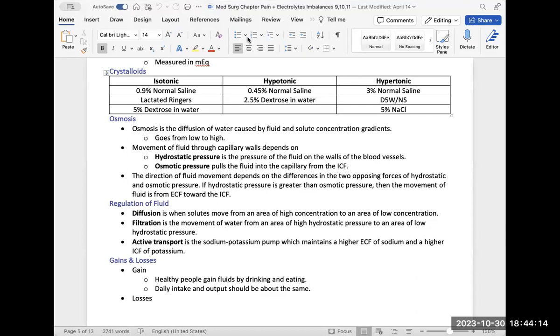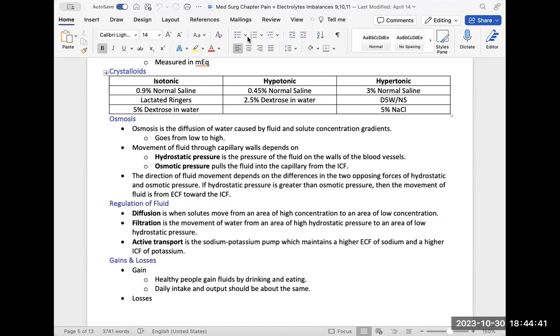Hypotonic is given in a situation when someone has hypernatremia, meaning a high sodium level, so greater than 145. That is because if you have hypernatremia, you have too much salt. So imagine a cell and all that salt on it. It's making it shrunken and shriveled. But a hypotonic solution makes a cell get bigger.